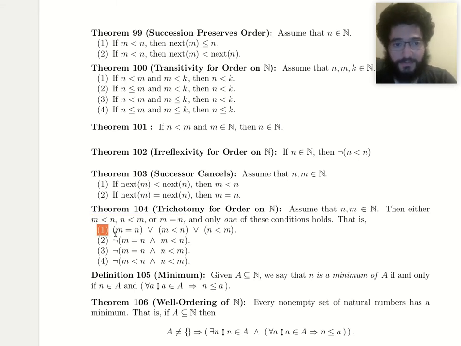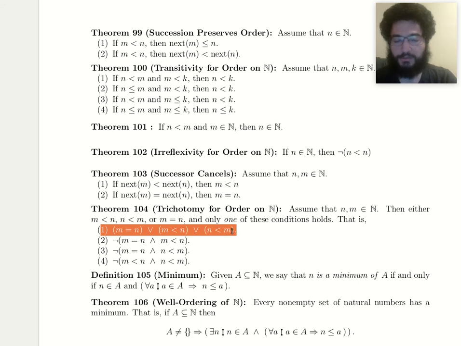The different parts of this theorem are just precisely stating what is meant by either this or this or this, and only one of them holds. The first one is the or, which does not preclude that two could hold at the same time. So this is just saying either you have equality between the numbers, or you have an ordering, this one less than that, or that one less than this.